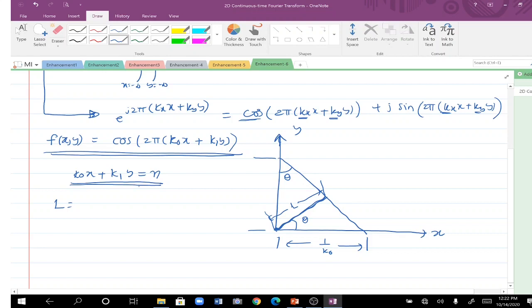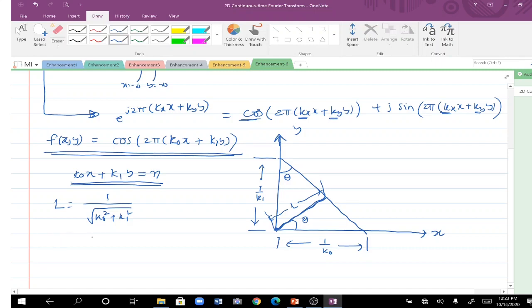For example, take that equal to 1, that would give you the intercepts on both the x and y axes: 1 by k0 and 1 by k1. And if you express the periodicity of that, the expression we arrived at is 1 over the square root of k0 squared plus k1 squared.